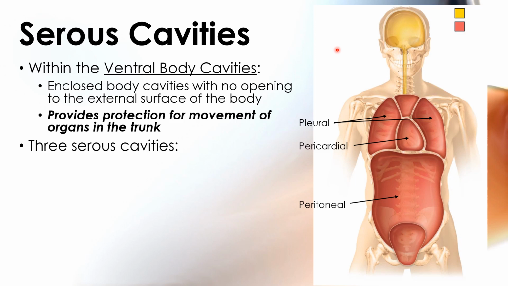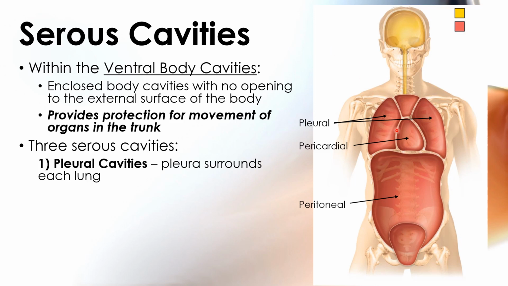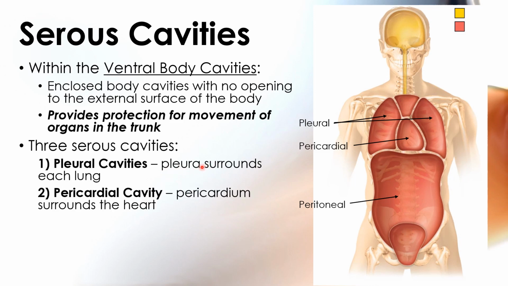So there are 3 serous cavities, okay? So the pleural cavities are going to surround the lungs. So each lung has its own pleural cavity. And the membrane itself is called the pleura. Okay. And then the heart is going to have a pericardial cavity. So the pericardium is the membrane, so that's going to surround the heart.